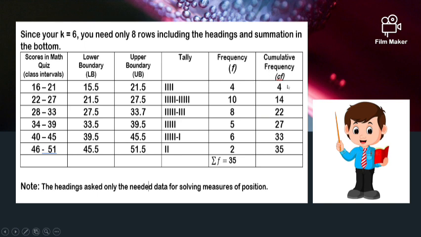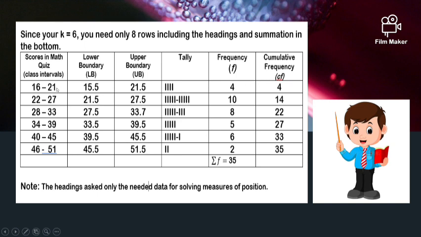And so from that frequency you can now write your cumulative frequency. How to write your cumulative frequency? This is simply adding the number preceding it, right? But you copy first the first frequency. The frequency that we are writing here is the cumulative frequency less than. Why less than?